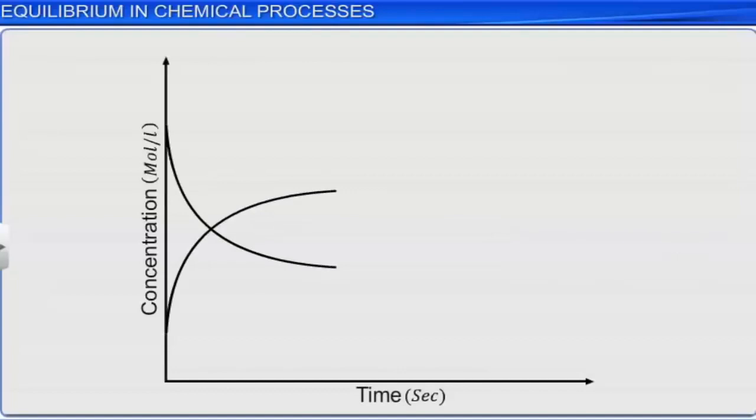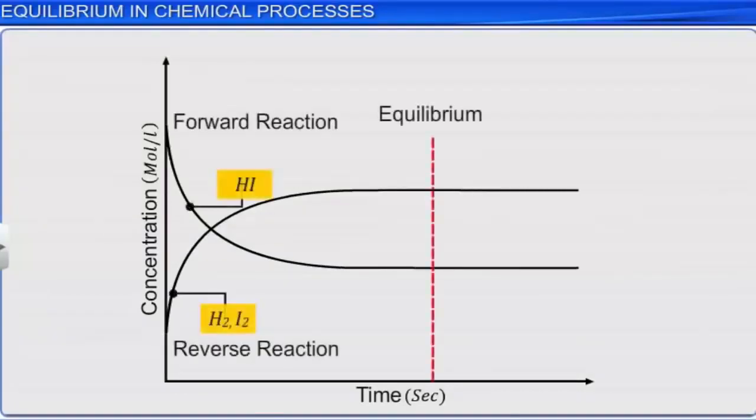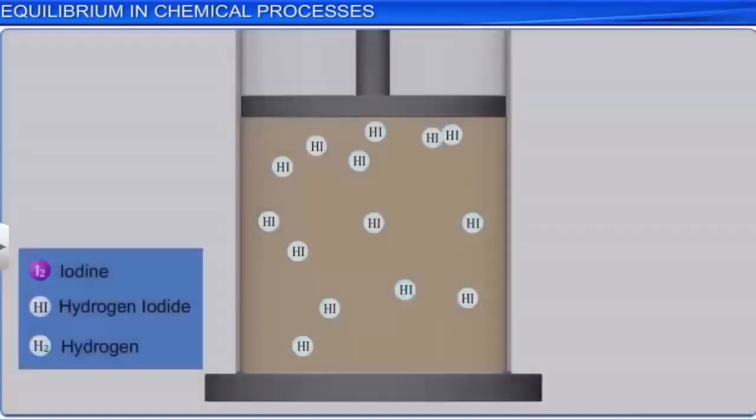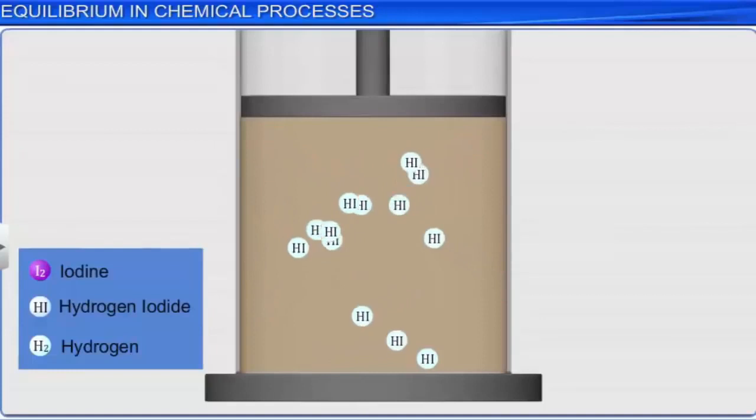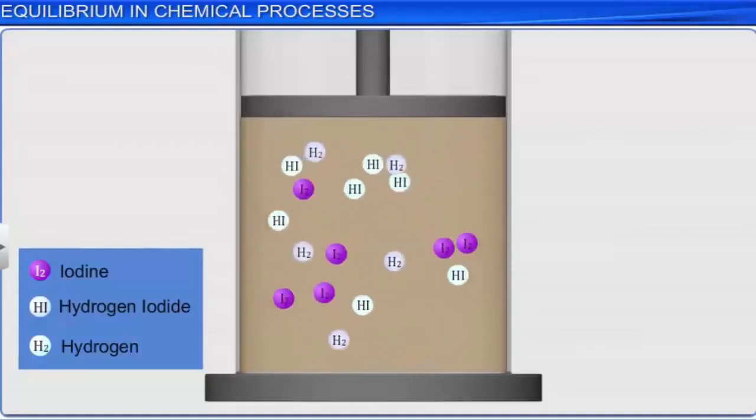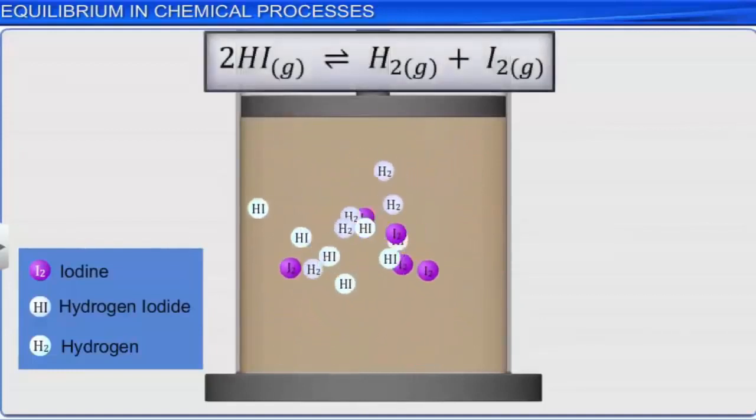At equilibrium, the concentrations of all the three species become constant. The graph depicts the variations of the concentrations of hydrogen, iodine, and hydrogen iodide as a function of time. You have already learned that in a reversible reaction, the reaction can reach a state of equilibrium even if we start with the products.